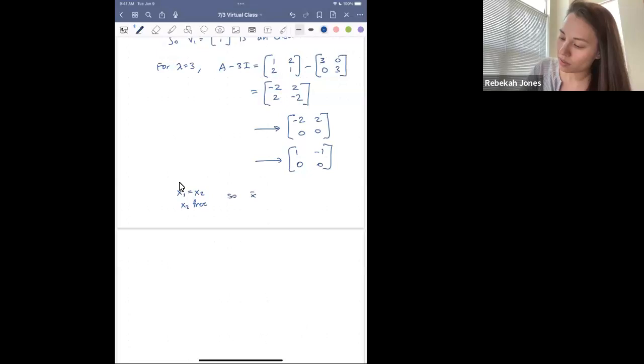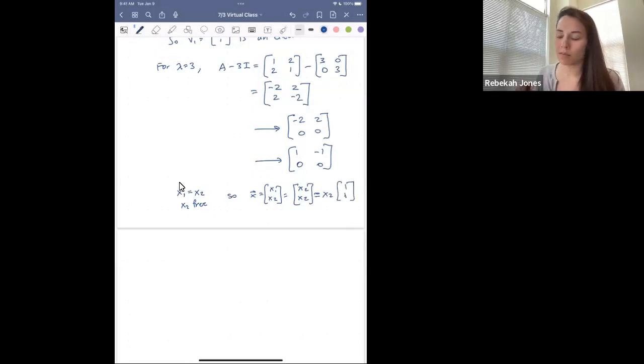So the solution has the form x2, x2, which is just a multiple of the vector 1, 1. And so my v2 is an eigenvector for the eigenvalue 3.